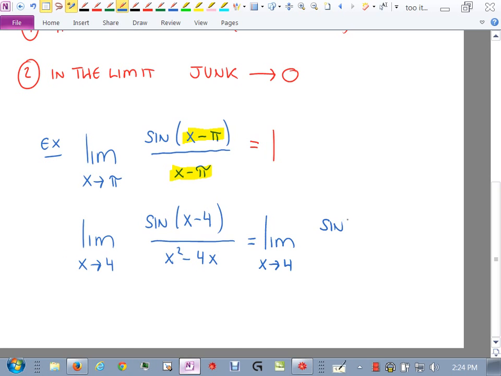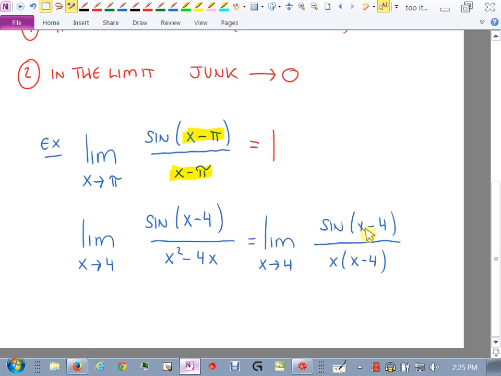I could factor the bottom, right? I could pull an x out, be left with x minus 4. Now please do not cancel these, right? Don't cancel those. X minus 4 is the argument of the sine function. It's trapped in the sine function. It is not being multiplied, so you can't cancel.